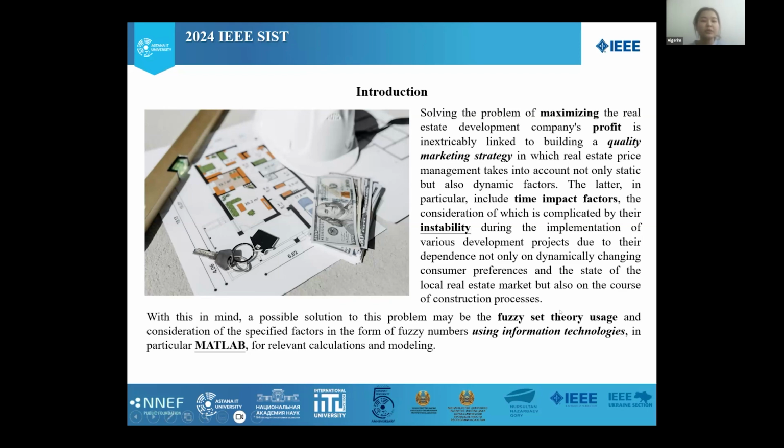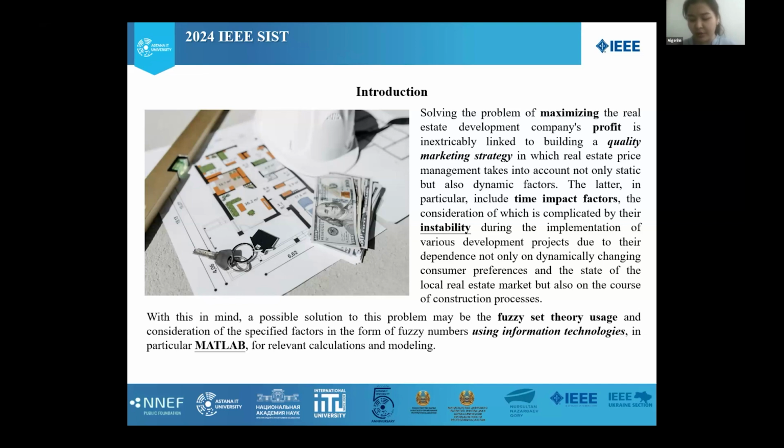So with this in mind, a possible solution to this problem may be the use of fuzzy set theory and the consideration of the specified factors in the form of fuzzy numbers using information technologies, in particular MATLAB, for relevant calculations and modeling. The conducted literature review showed that despite the existence of a number of scientific studies related to the topic, the problem of time impact factors consideration in real estate management of development companies remains out of sufficient attention.